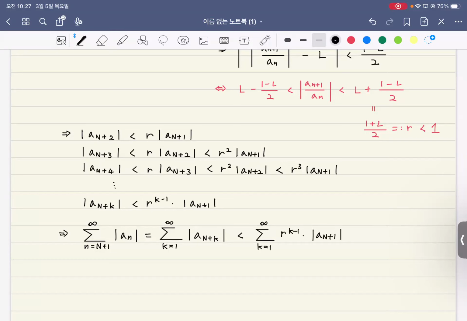And remember, a_{N+1} is merely a constant, so it doesn't affect the convergence or divergence of the series. What really matters is this common ratio. This is a geometric series, right? And this common ratio R definitely lies between minus 1 and plus 1. So this is a converging series. It is convergent.